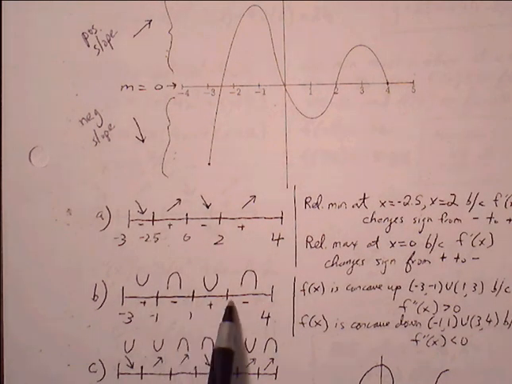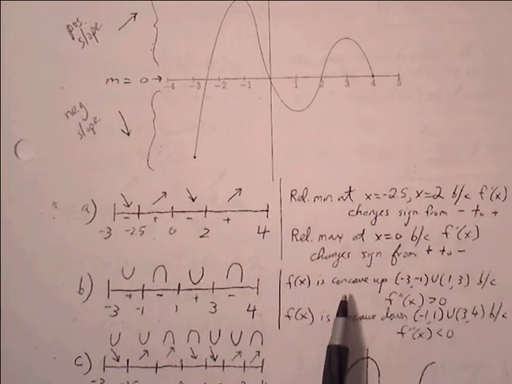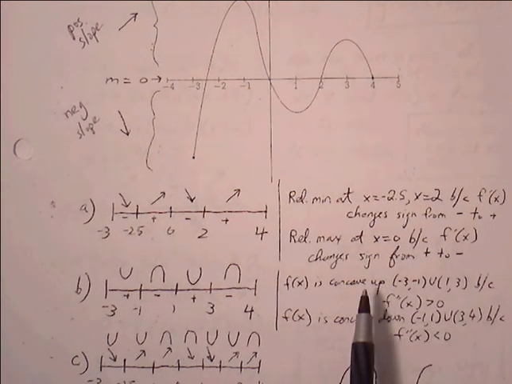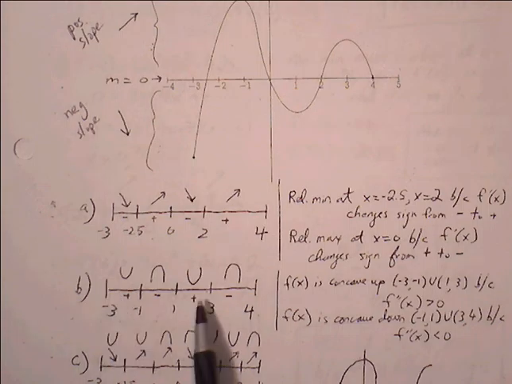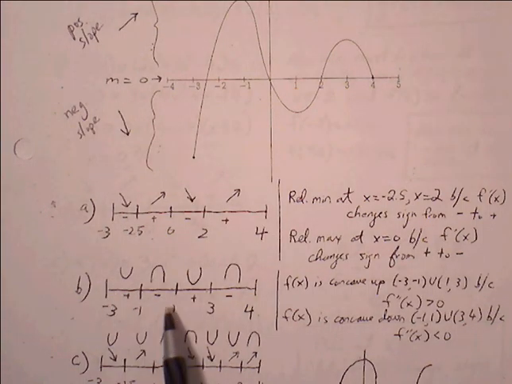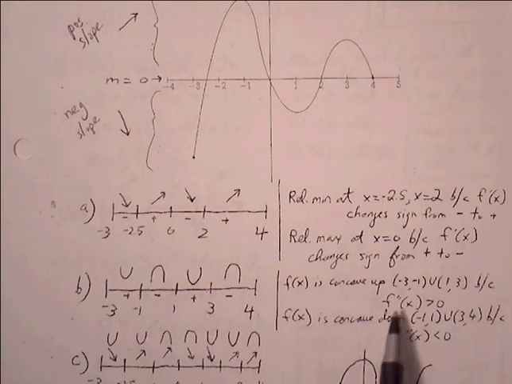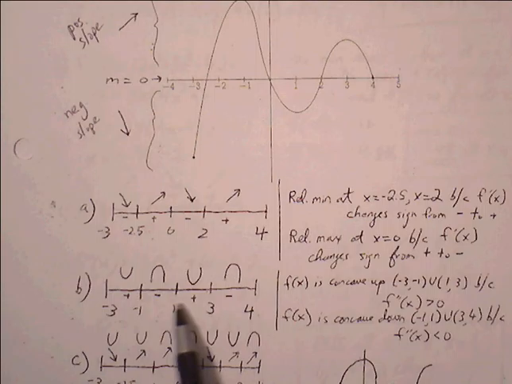Points of inflection are at -1, 1, and 3. Concave up from -3 to -1 and from 1 to 3, because f double prime is positive. Concave down is from -1 to 1, and then from 3 to 4, because f double prime is negative.